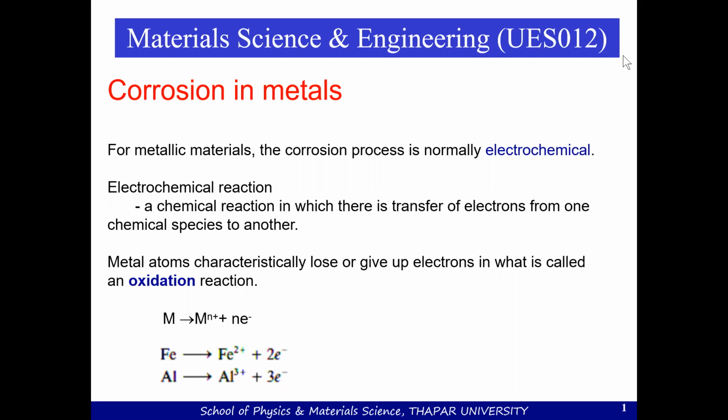So the unit is on corrosion of materials, and when I say corrosion of materials, our primary focus is on corrosion of metals. Why are we primarily focusing on metals? Because metals are the basic building blocks in most engineering and technological applications. So understanding the corrosive characteristics of materials is very, very important.